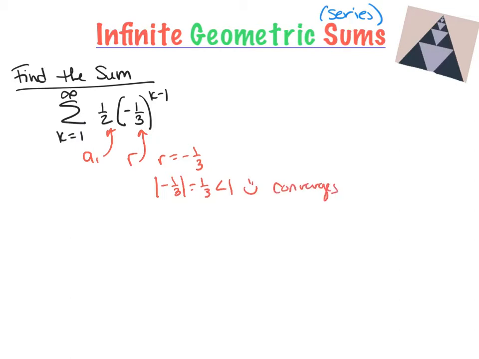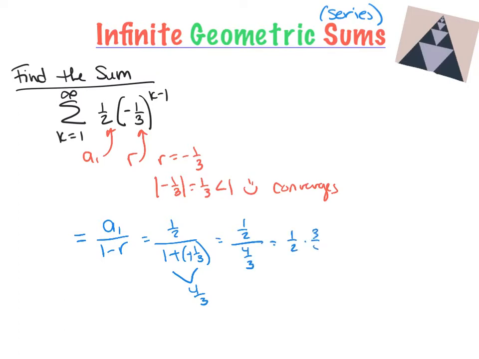And since it converges, we can use the formula a1 over 1 minus r, which would be 1/2 over 1 minus negative 1/3. Minus a negative 1/3 is positive 1/3, so that's 4/3. 1/2 divided by 4/3 is 1/2 times 3/4, 3/8.